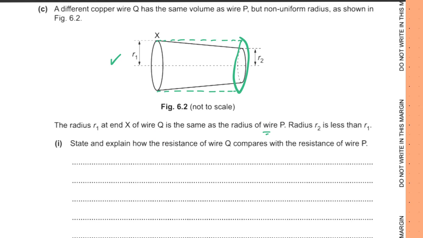So I'll say that the average radius of Q is less than the radius of P. I don't need to use the term average for P because that was constant.